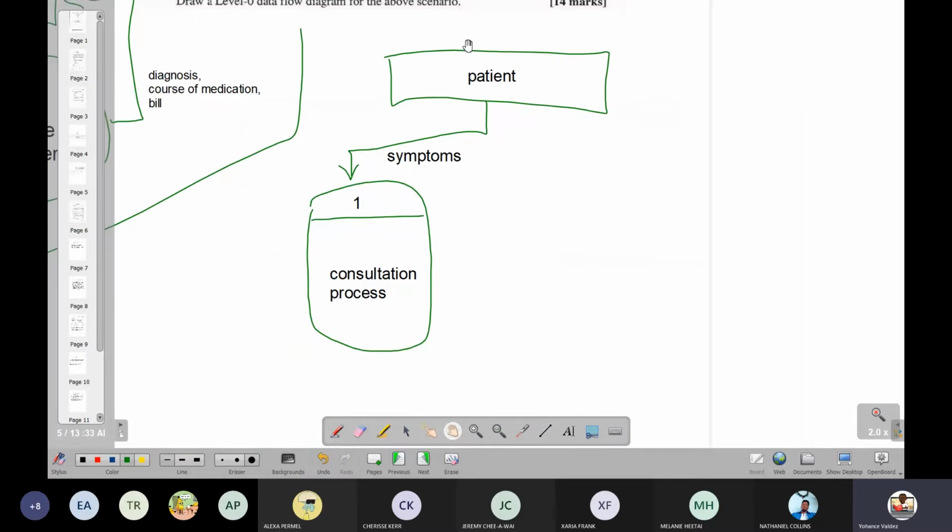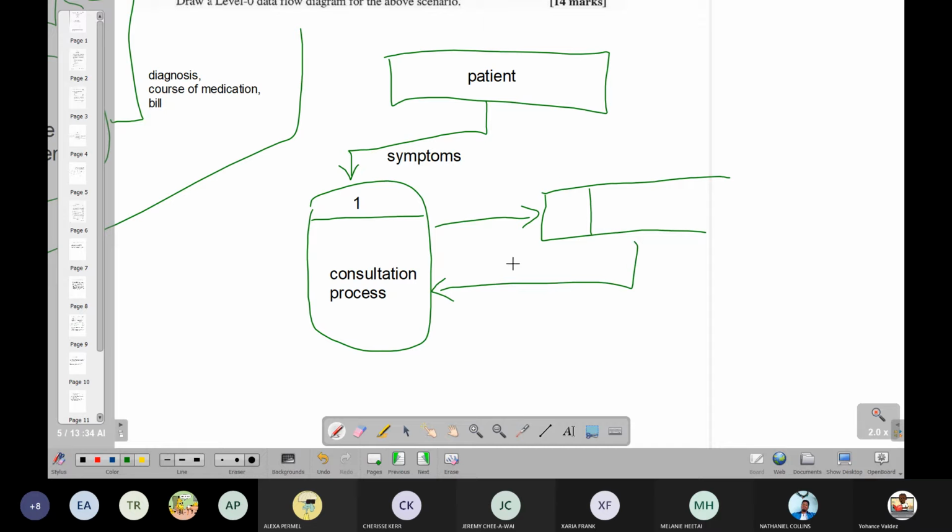So in the consultation, we have to access information from the patient file, right? So we could get the patient history here. So this is a request for the patient history.